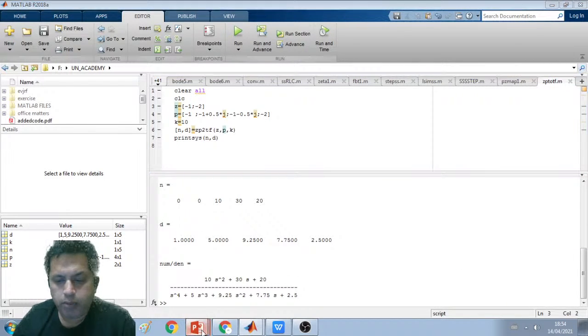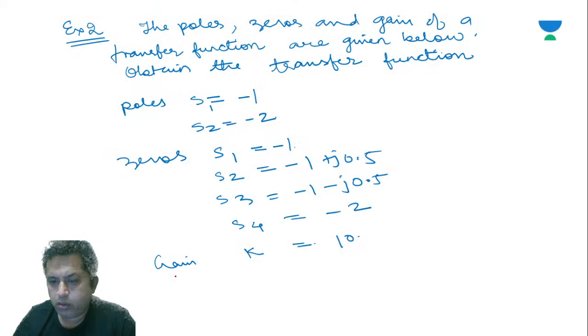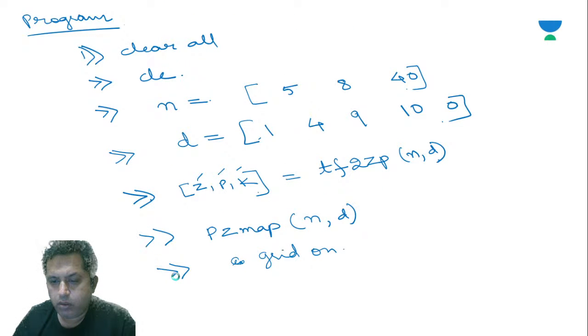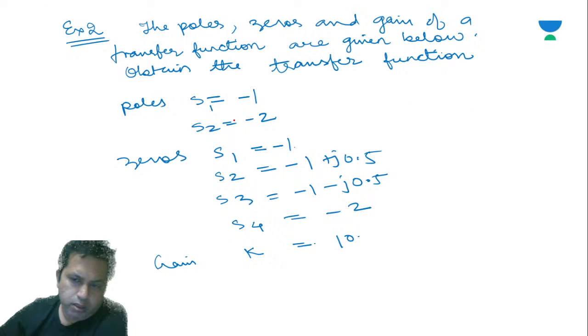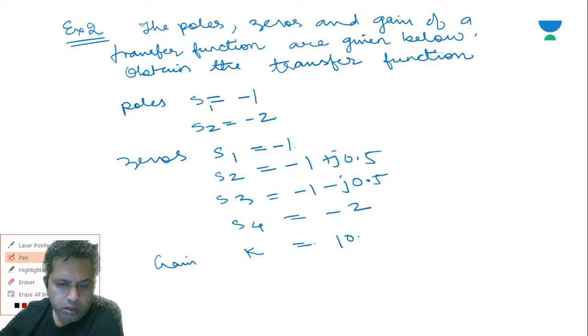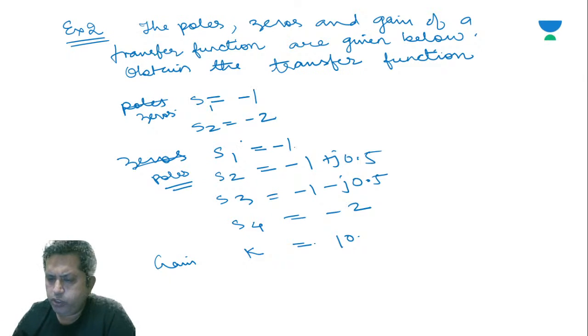There is a little bit of correction. My mistake in my notes. These are actually zeros, and these are poles. So just change it.